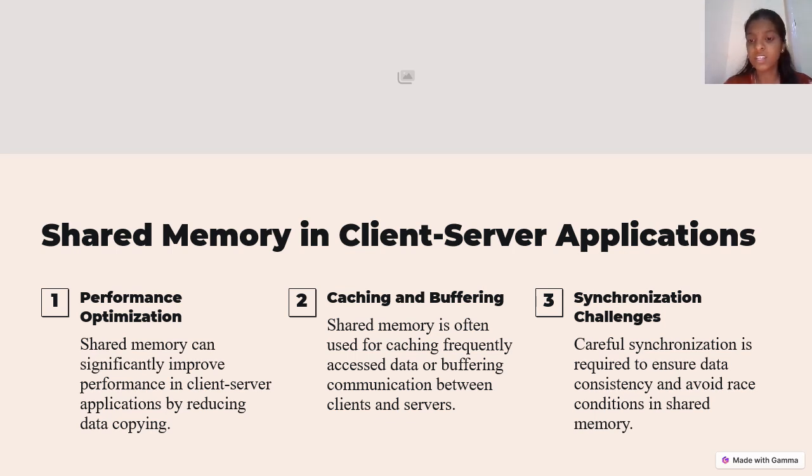And the next is synchronization challenges. Careful synchronization is required to maintain the consistency of the data stored in shared memory. These are the three things: performance optimization, caching and buffering, and synchronization challenges. This is all about shared memory in client-server applications.